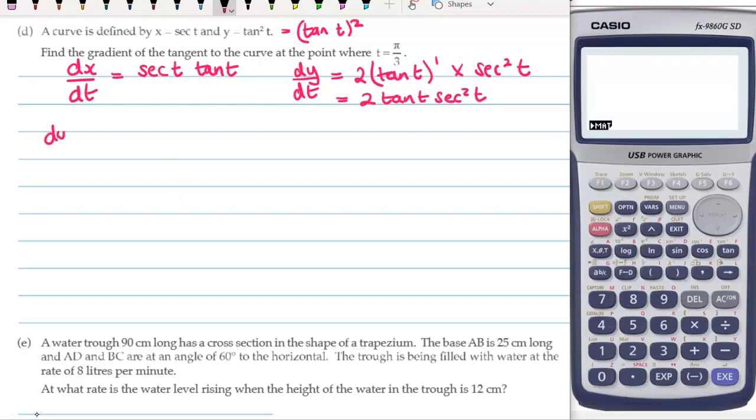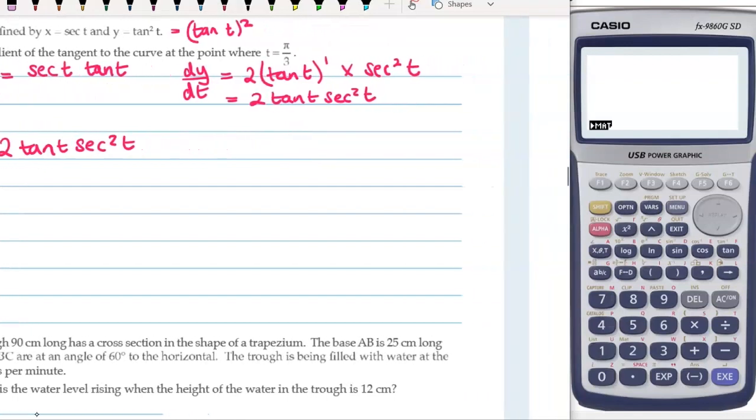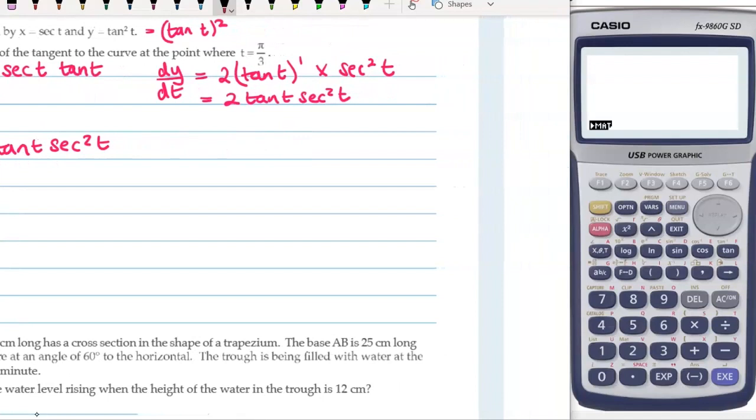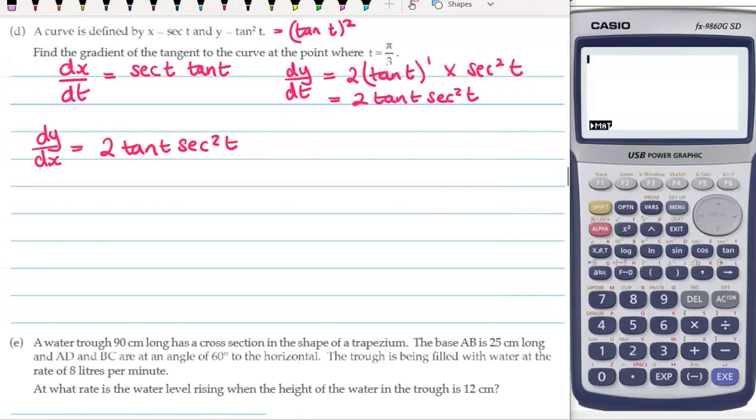So then dy by dx is to take the dy by dt, 2 tan t sec squared t times by dt by dx, which would be 1 over this thing here. Put that as a fraction. And what we're left with is 2 sec t, because the tans cancel, one of the secs cancel.